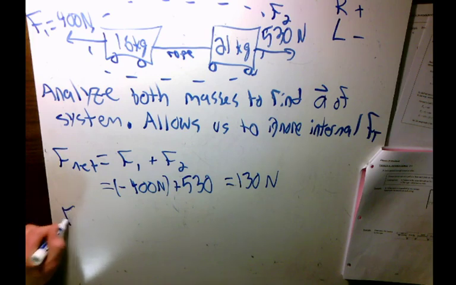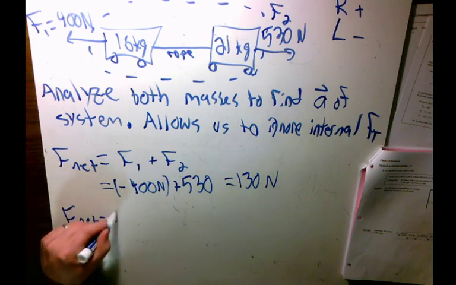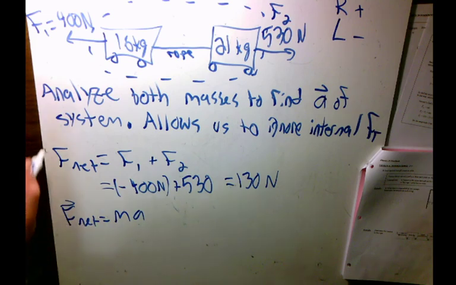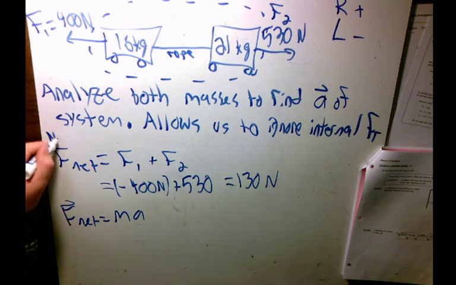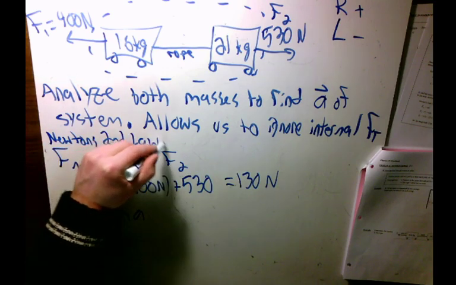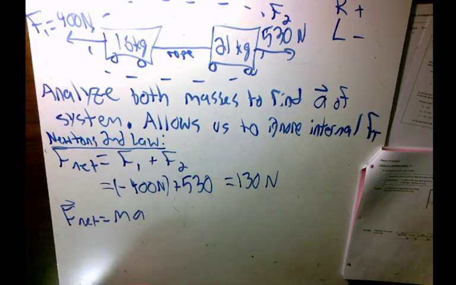And we know that the net force is equal to the mass times acceleration. So this is all Newton's second law. So if we're looking for the acceleration of the system, we're going to divide both sides by mass.